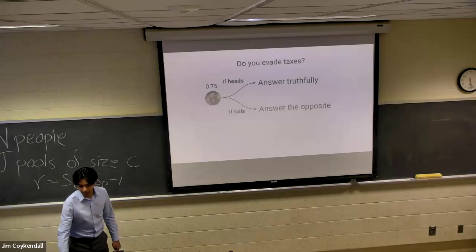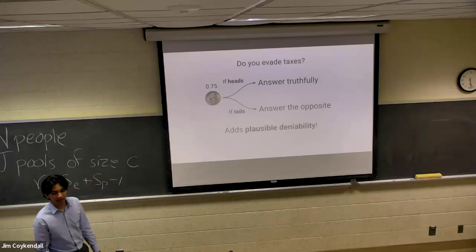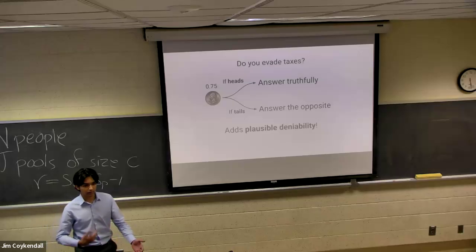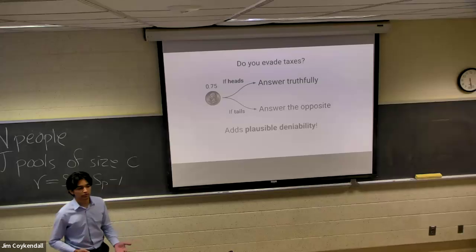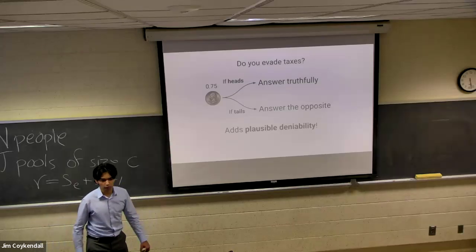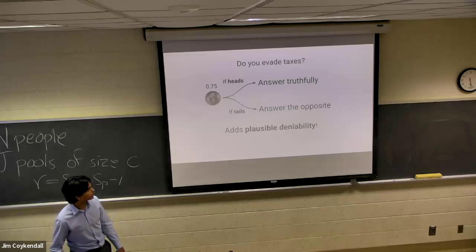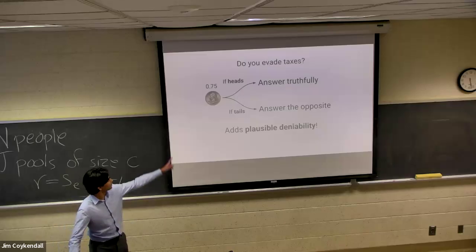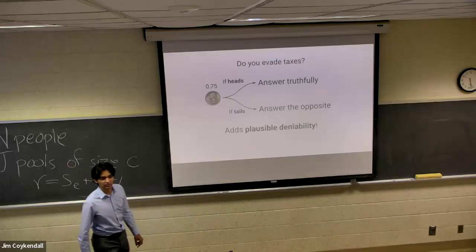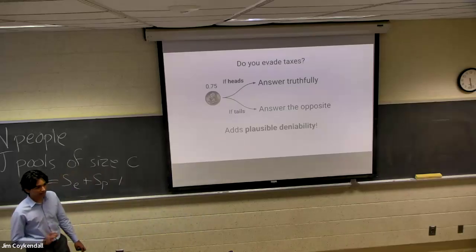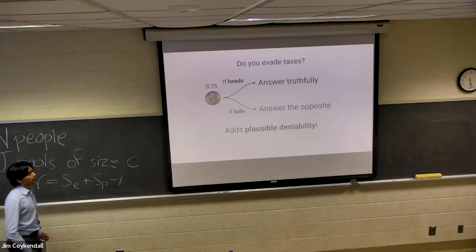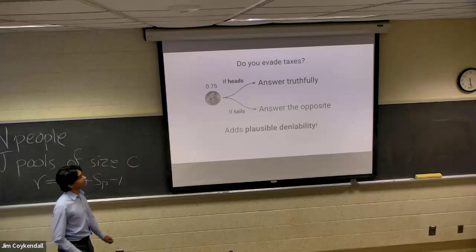And more importantly for the person, it adds plausible deniability, which means if the surveyor, the person who's made the survey, the person who's asking the question, says, wait, you answered that you do evade taxes, the person can just say, oh, I flipped the coin and I actually don't evade taxes. It made me answer the opposite of my true answer. So it adds plausible deniability. And this addition of noise is a really, really important thing in this context.